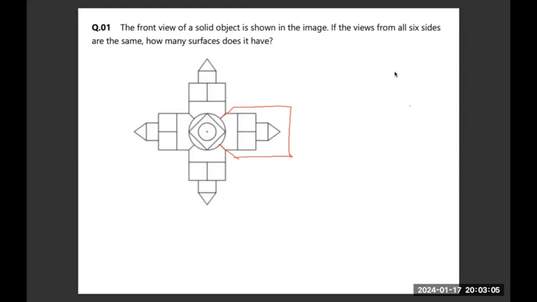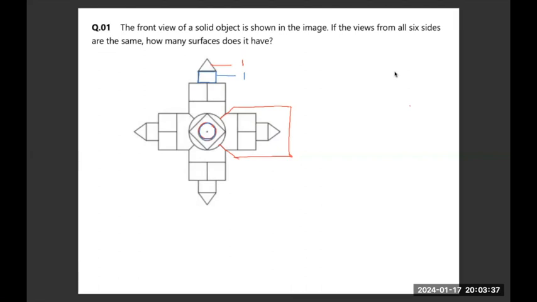We'll go with the first one. This object which we see on the top looks like this in plan, which means it's a cone. So a cone will have one surface. This object at the bottom looks again like a circle in plan, which means it's a cylinder, and it will also have one surface.